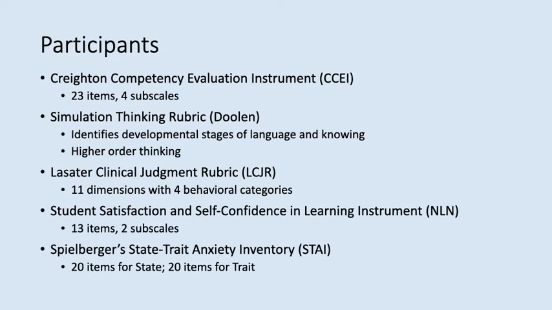The Student Satisfaction and Self-Confidence in Learning instrument, developed by the NLN in 2007, is included here despite the satisfaction piece because of its consideration of confidence. The psychometric testing of these tools was not completed until 2014 either, and it was found that there were some real problems with construct validity in the way the subscales were created.